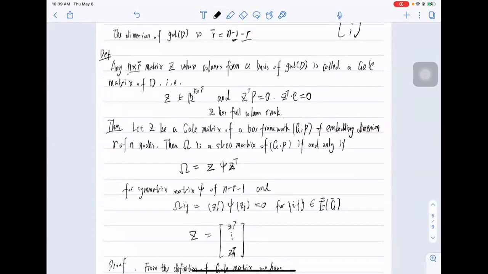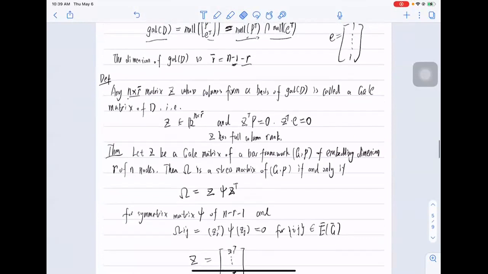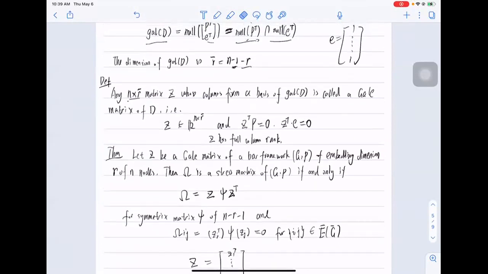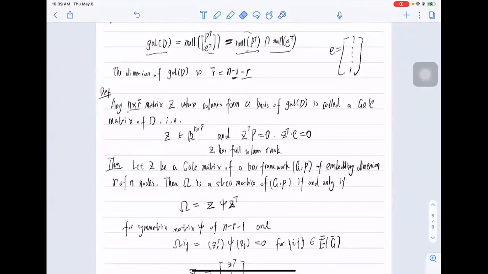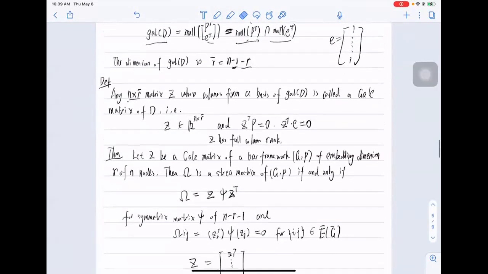And this Gale matrix Z has the property that Z transpose times P is 0, and Z transpose times E is 0, right? Because it's from the property of the Gale space.